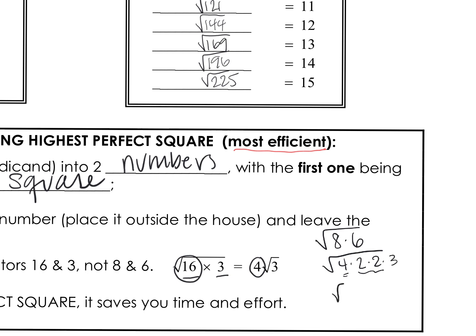This is like saying 4 times 4 times 3, where the square root of 4 is 2, the square root of 4 is 2, and the square root of 3 is root 3, and I can multiply these together on the outside, and I'd still get 4 root 3. So like I said, if you don't recognize right away that there's a perfect square inside there, if you work with your prime factors and start looking for perfect squares or combinations of numbers that give you perfect squares, then you can simplify.